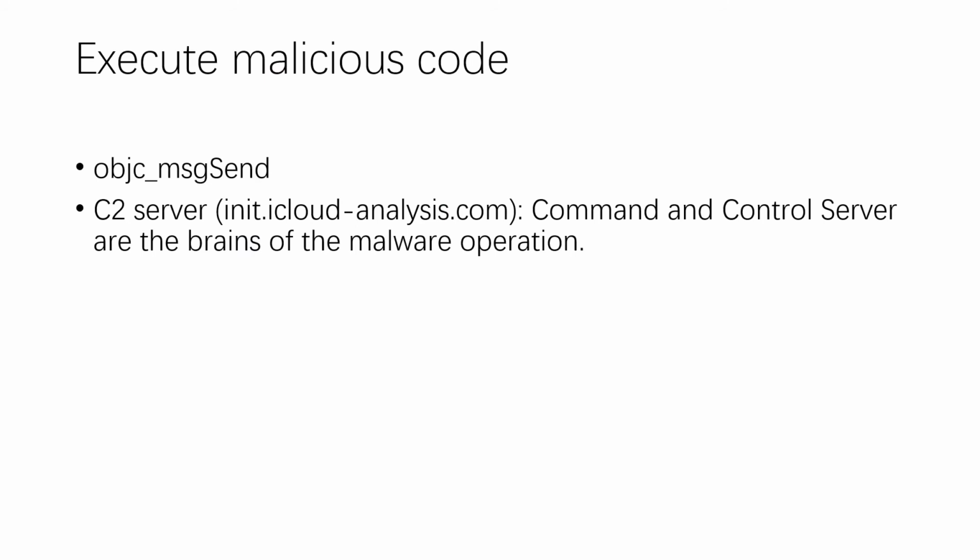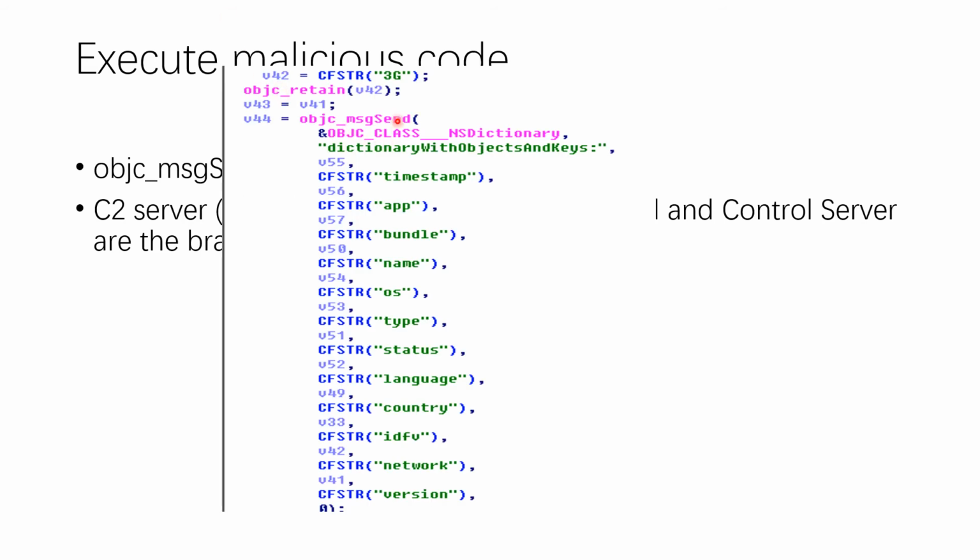The second step is executing malicious code. The didFinishLaunchingWithOptions subclass can call the malicious code of XcodeGhost. The objc_msgSend class is just common programming code. It is only used to send messages.